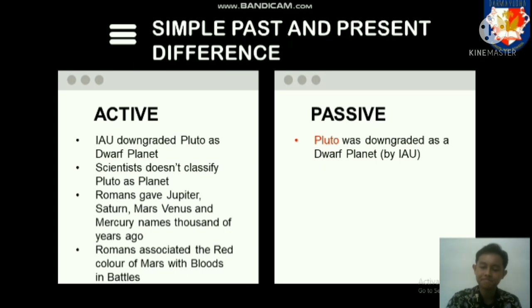Once again, if we have to use passive verbs, it means that we focus on object that receives an action by the doer. We don't focus on the doer here. If we have to focus on the doer, it means it is active verbs or active voice, guys.